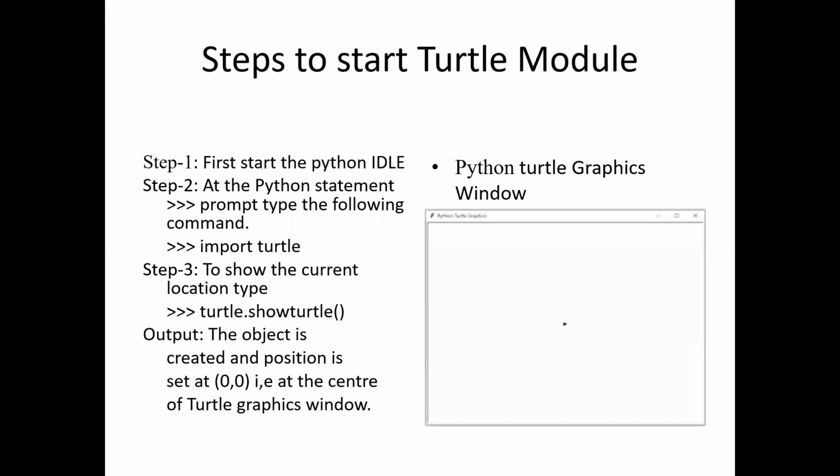So what we will do over here: first start Python IDLE. At the Python prompt we will type import turtle, so that the turtle module is available. If it doesn't show any error, that means turtle is already present. If it is not there, then you have to install it. If your Python version is 3.7 onwards, turtle is already present.